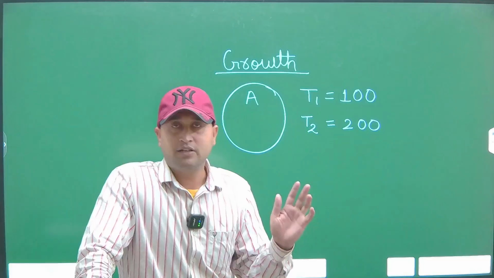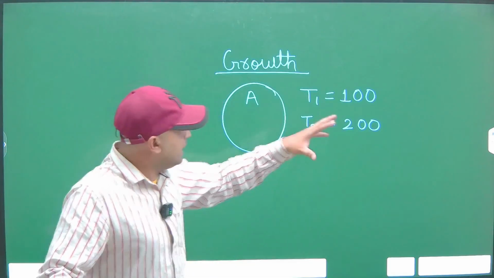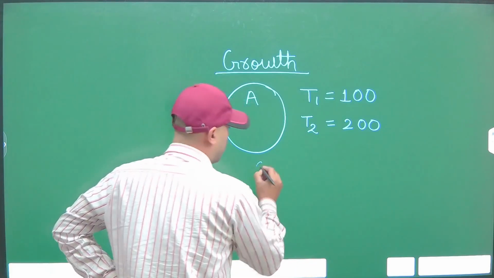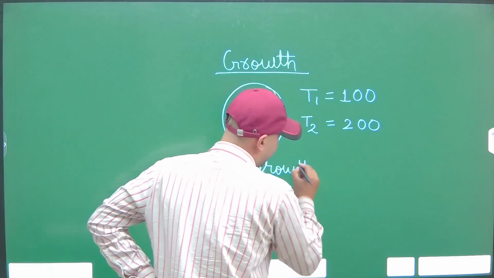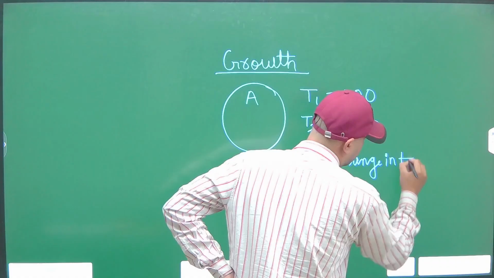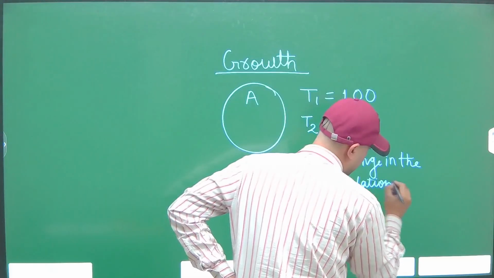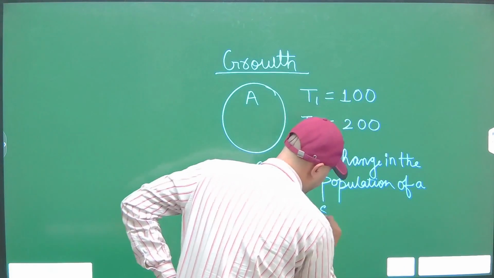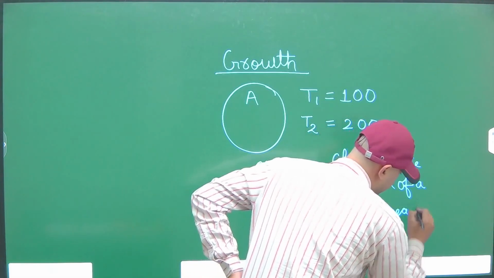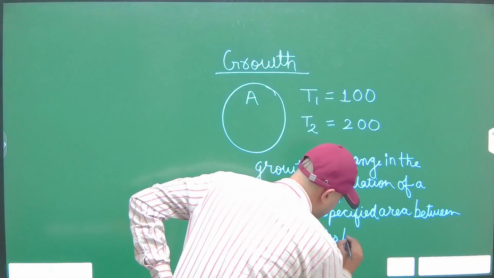I am repeating it: population growth is nothing but the change in the population of a specified area between 2 points of time.